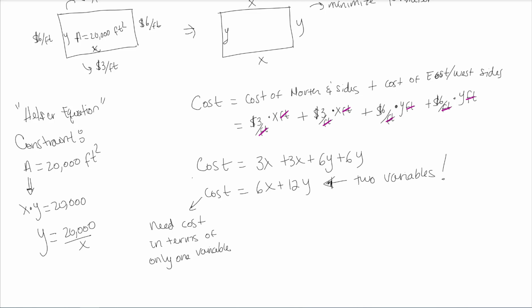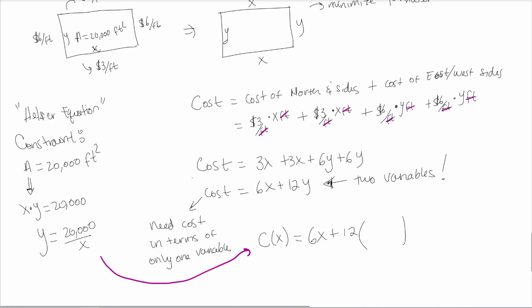Now I'm going to put this into my cost equation. Because I'm replacing y with an expression in x, C of x is equal to 6x plus 12y, and y is 20,000 over x.